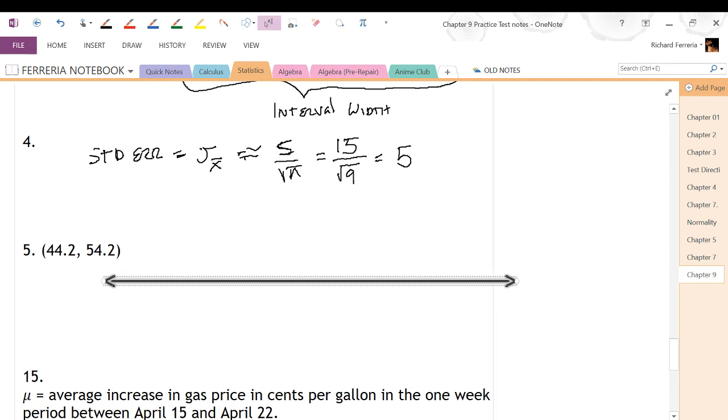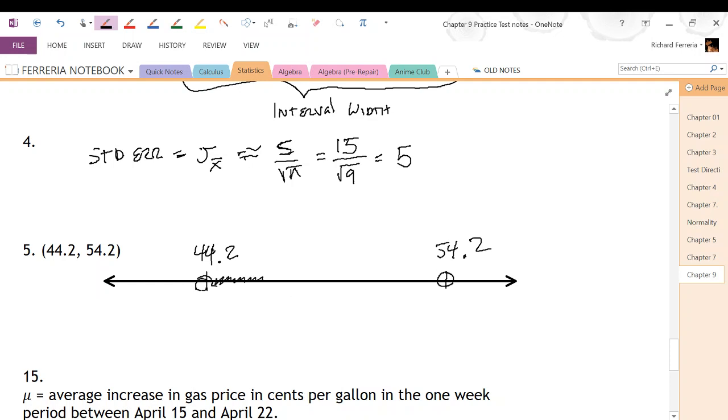On the number line, we have on this side 44.2, and on this side 54.2.